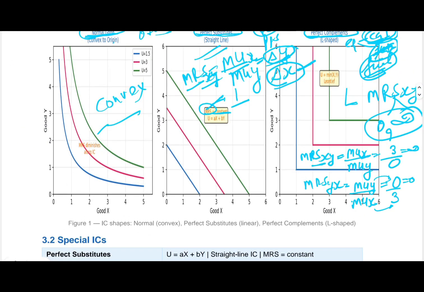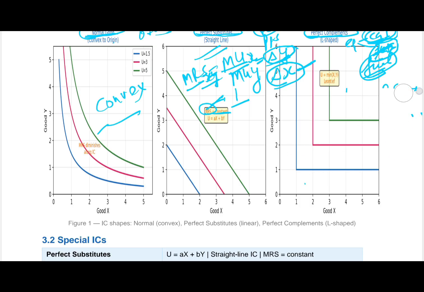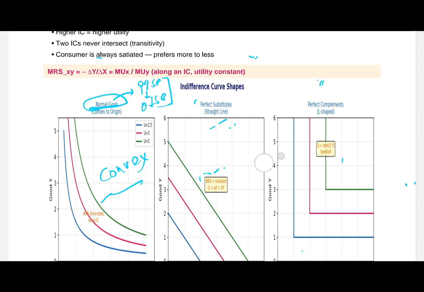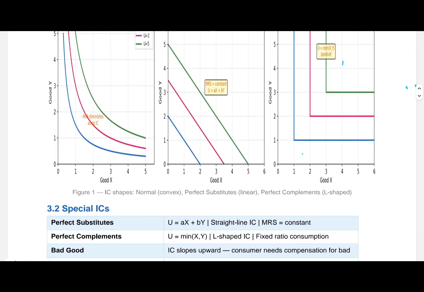Let's see it in the graph first. This is point one. We consume both goods in one quantity. If we increase the quantity of good X to 2, but we need to consume in a fixed ratio, so Y is not increasing.